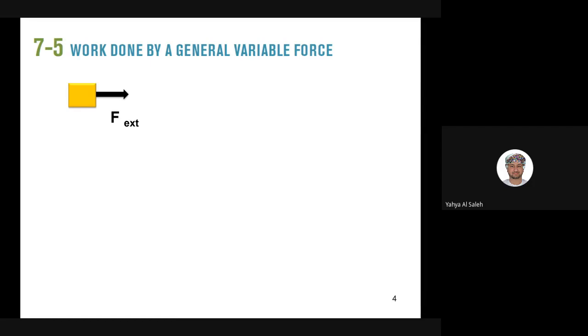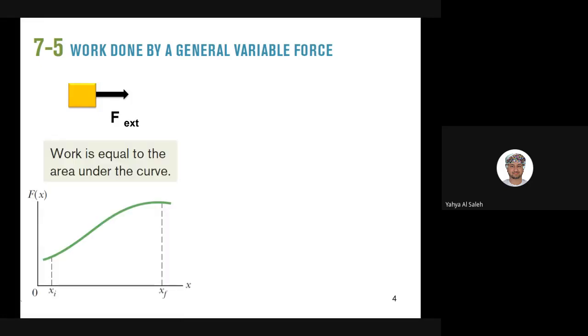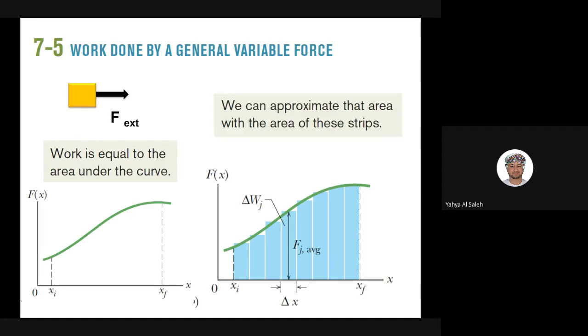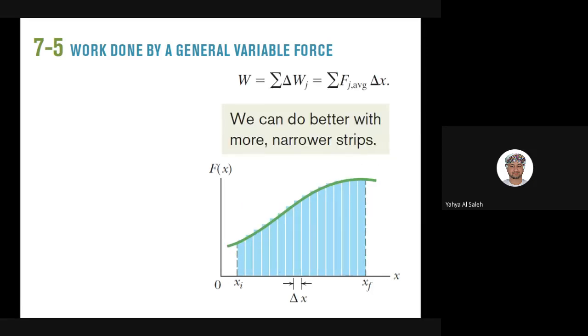This is the same thing that we apply to any variable force. So we can have many variable forces which are not spring forces, which are different variable forces. We have a force which is variable. So if it changes with position, for example, the work is equal to the area under the curve, which is equal to integration, which we just said.